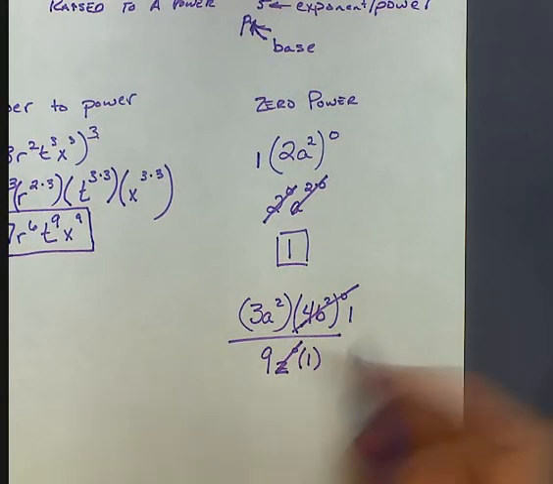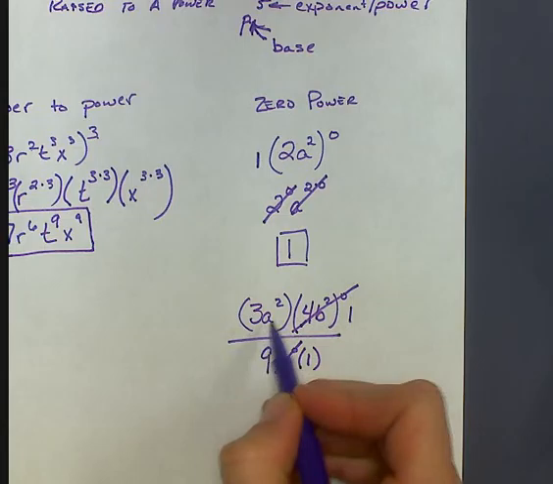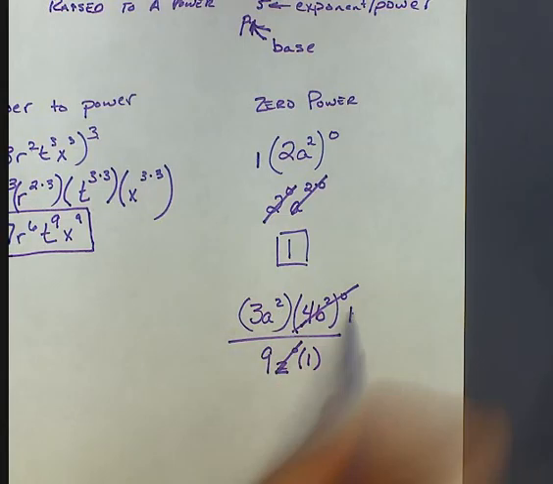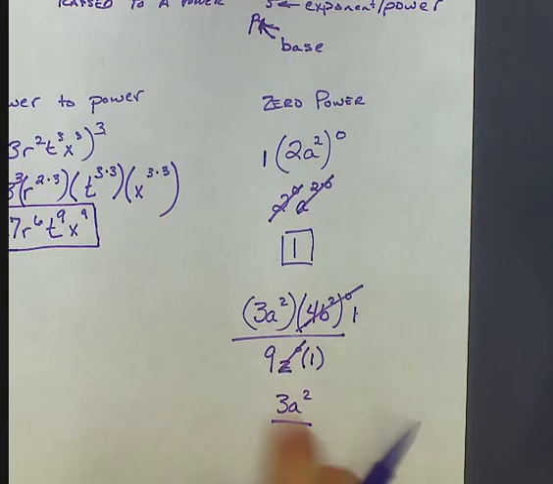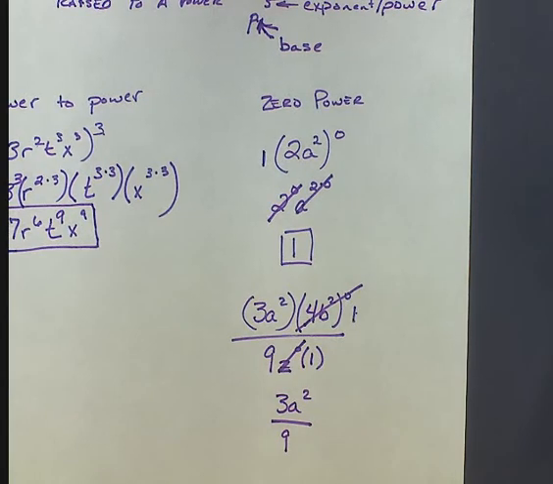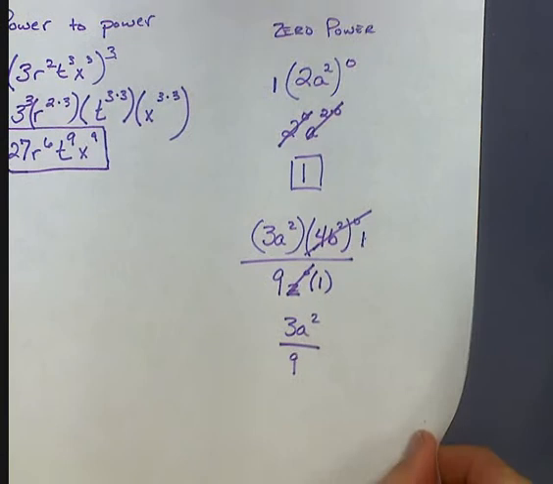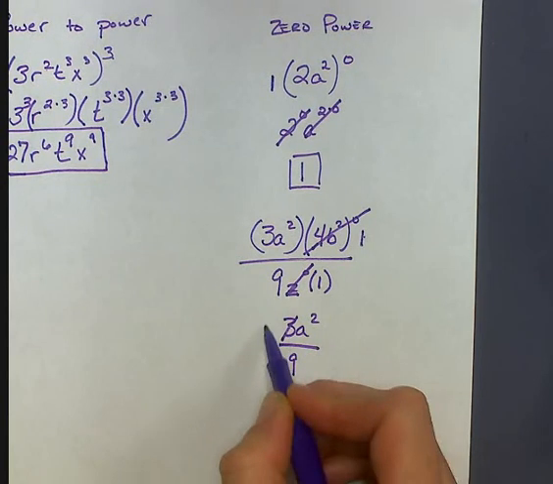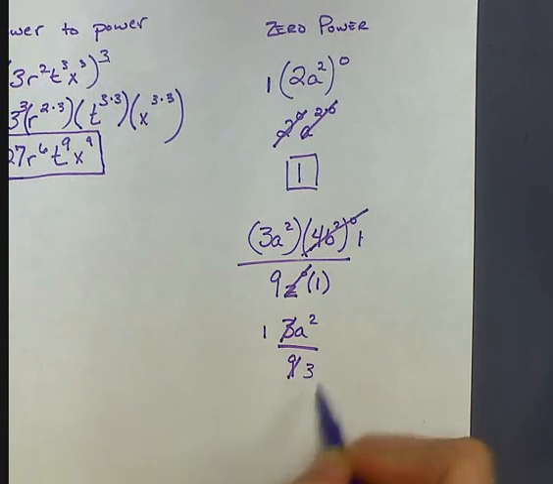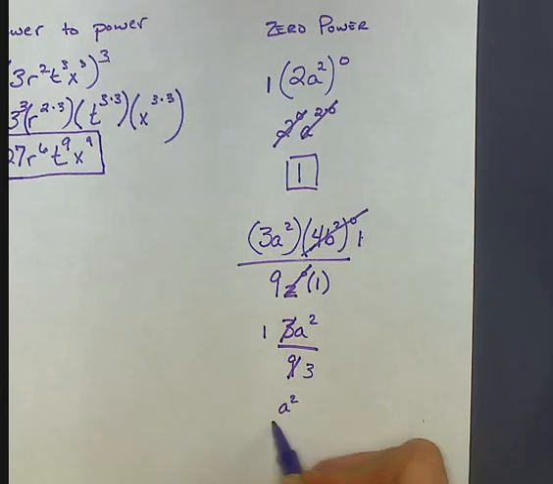So I could say that 3a squared is going to be multiplied times 1, so 3a squared is 3a squared. And that 9 times 1 becomes 9, and now all I have to do is reduce. So when I reduce, 3 goes into 3 once, and 3 goes into 9 3 times. So I'll be left with a squared divided by 3.